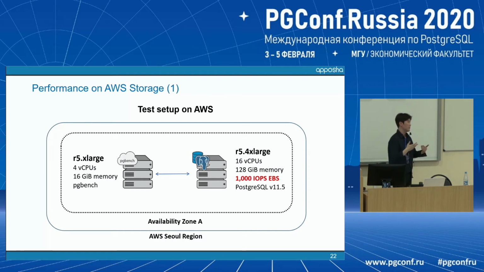Before going into the deep internals of AppOS, I will show some benchmark results using pgbench. This is the test setup on AWS. I used R5 xlarge and R5 4xlarge, similar to the setup I explained before, and I used a 1,000 IOPS SSD volume for this experiment.